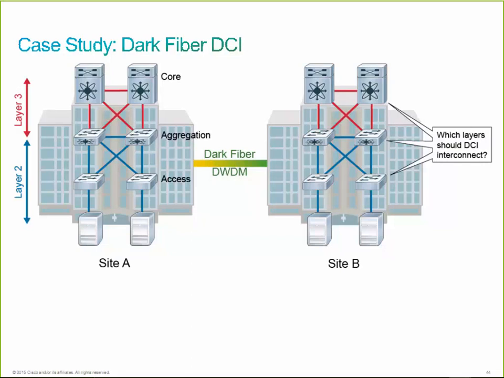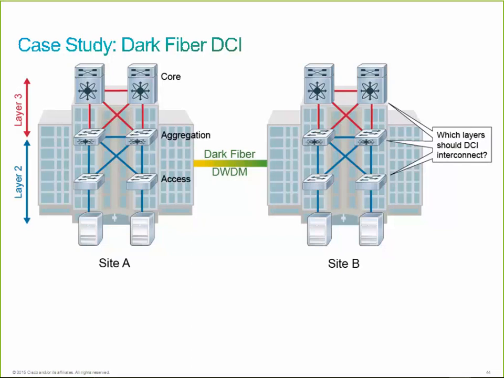DWDM, I did a Sonnet class in England for the Air Force talking about DWDM and Sonnet and interconnecting, because that's what the Air Force uses to interconnect their sites. And it's an interesting concept, right?